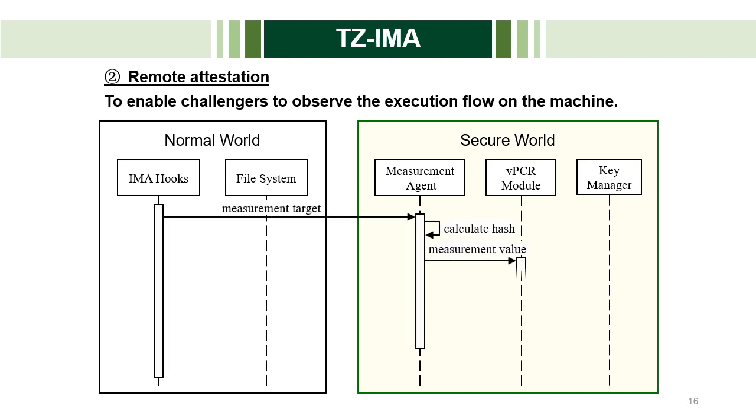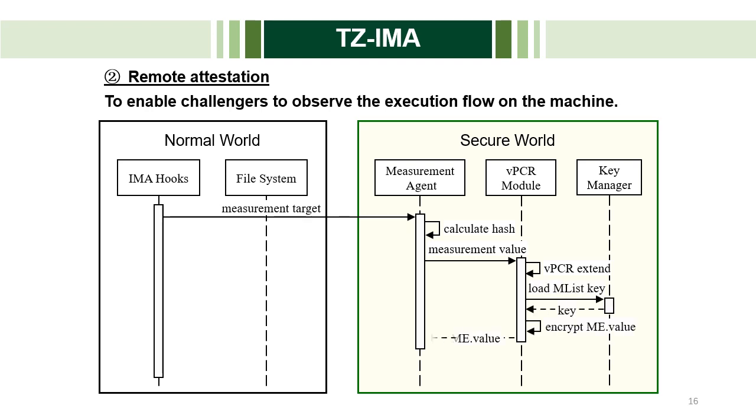Before the application is executed, the measurement agent calculates the file hash and extends the measurement value to the vPCR model. The vPCR model is virtualized to avoid the measurement list being tampered with by an attacker.